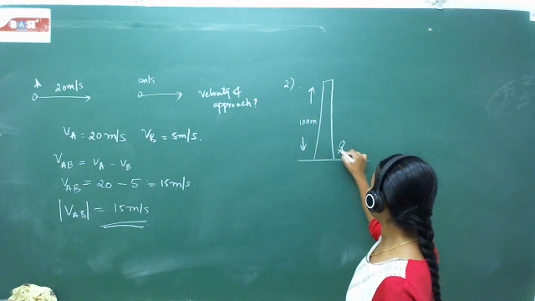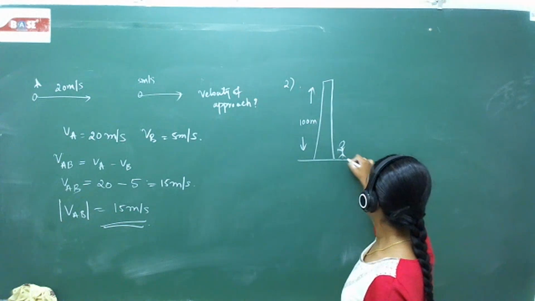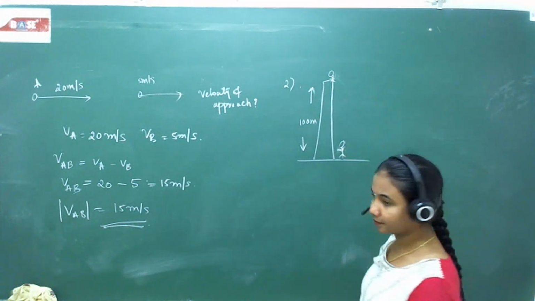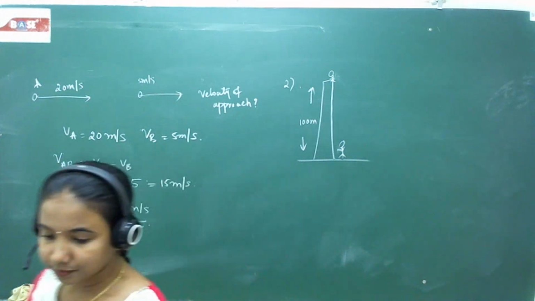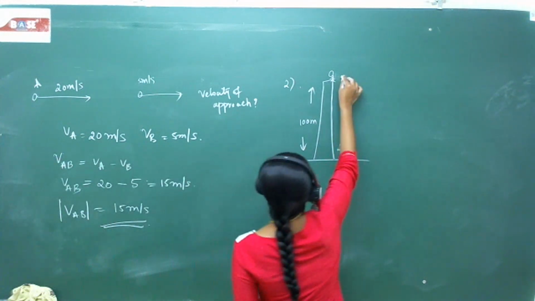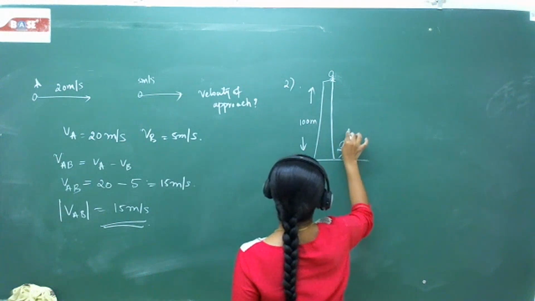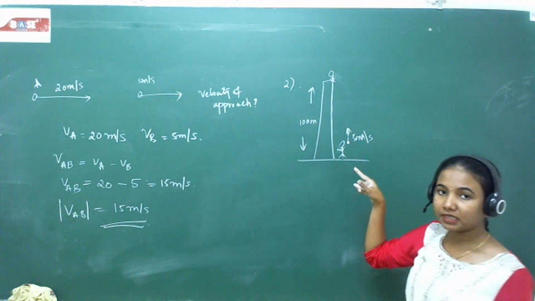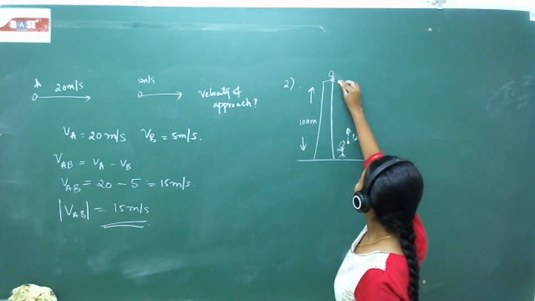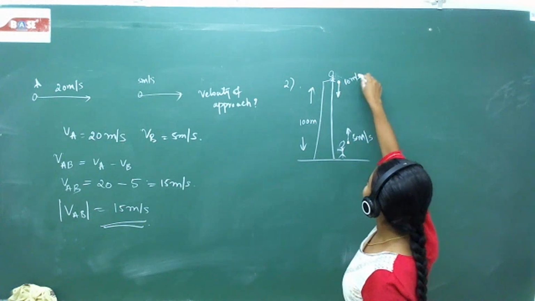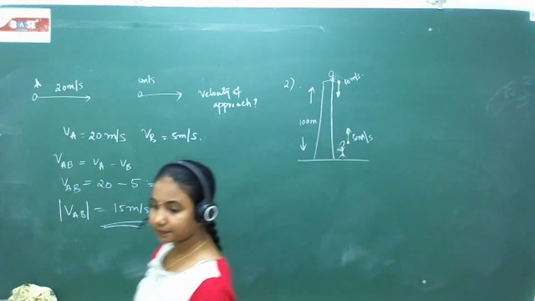There is a person here. The person below is throwing a ball with 5 meter per second velocity, and the person above is throwing a ball with 10 meter per second velocity.